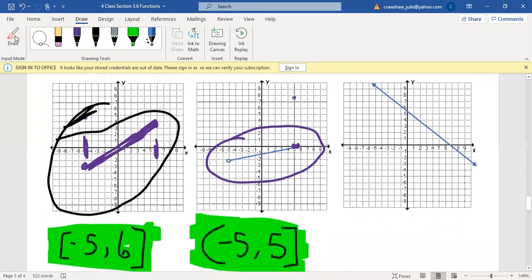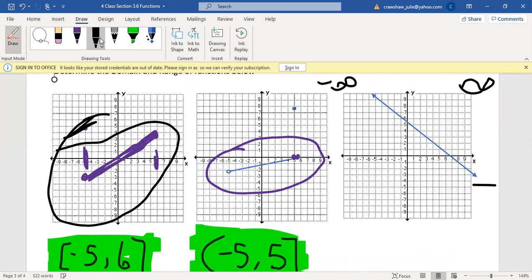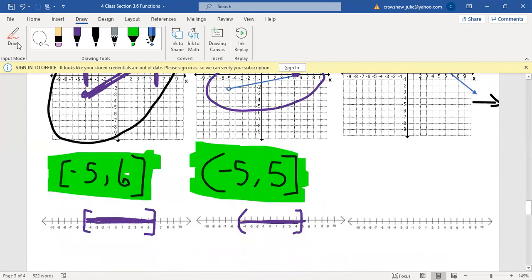And then my last picture is a line. So it's going completely left, farther and farther and farther left, so farther and farther negative, and it's going farther and farther right. So that means the entire number line is my domain. So I would simply draw this in and put arrows at the end representing that every number on the number line is on that picture.